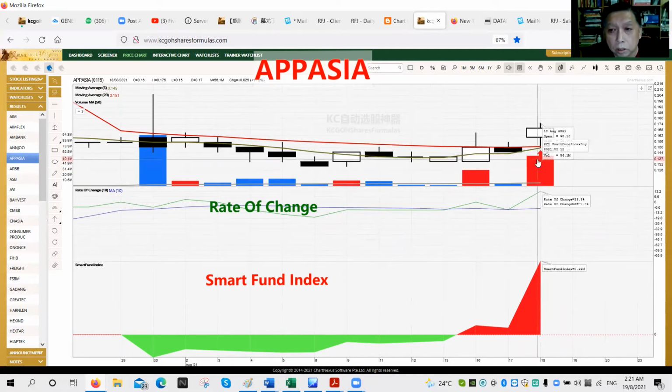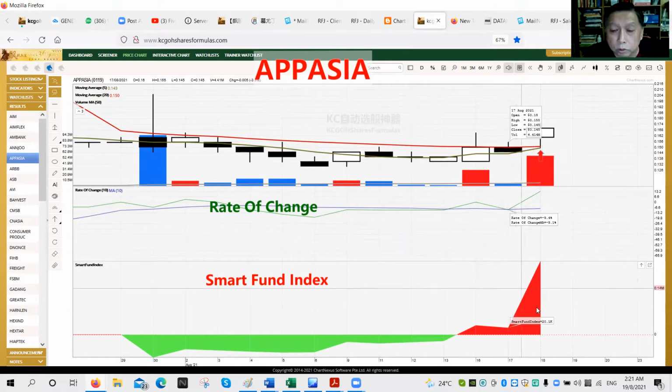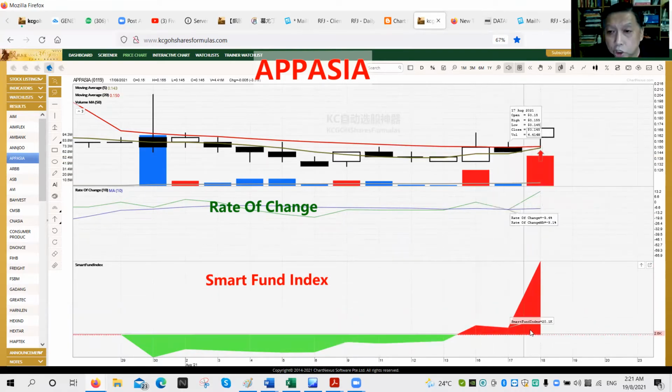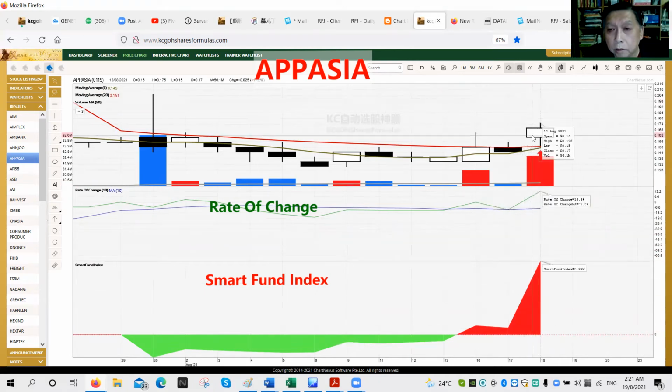And the smart fund index also suddenly jumped up. So if you want, tomorrow morning you should just get in. If you have the fund and you like to invest, this is one of the stocks you might want to look at.